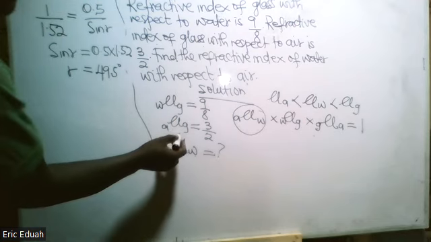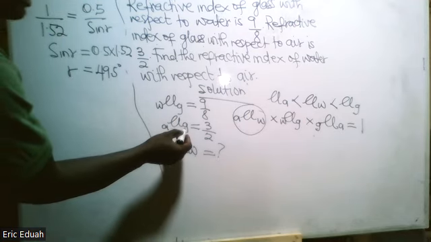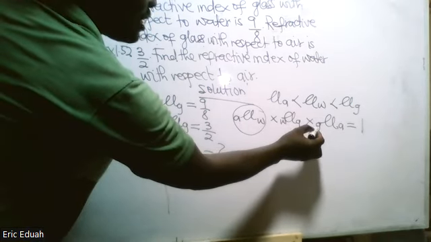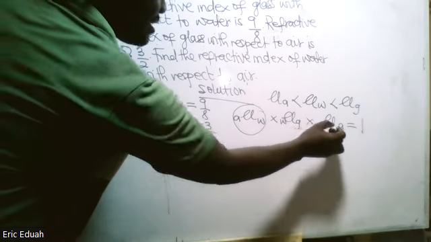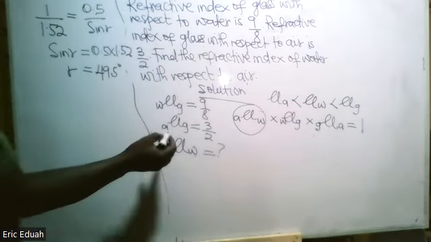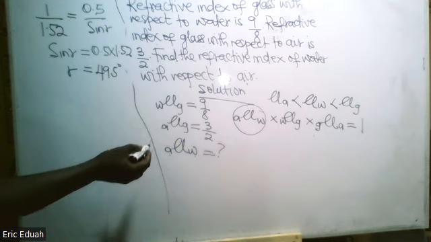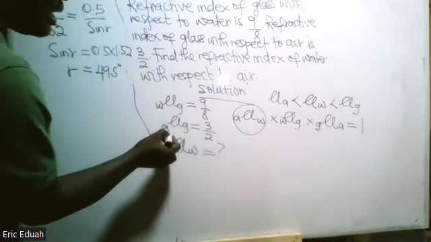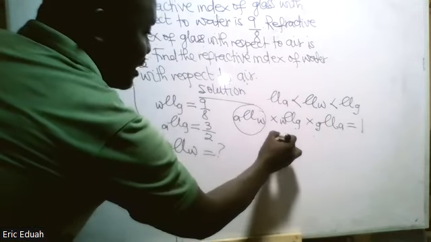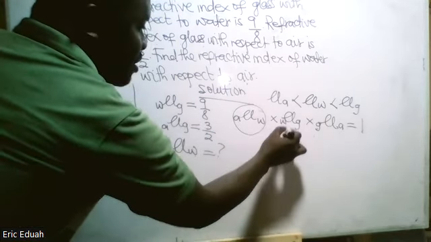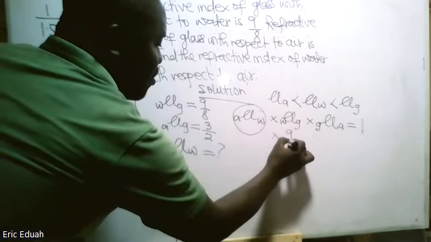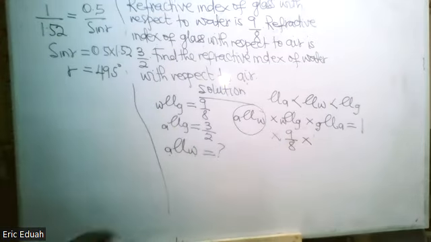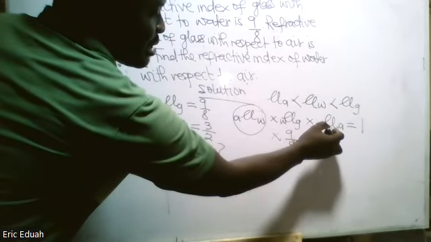We were provided the refractive index of glass with respect to air. We have this one. We are looking for this. We have this, 9 on 8, times. We will need this.